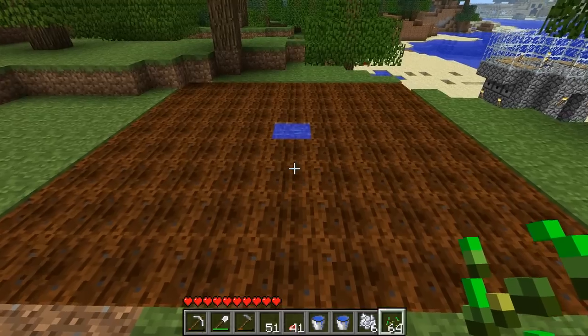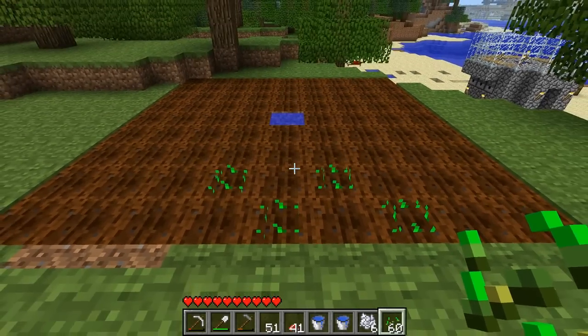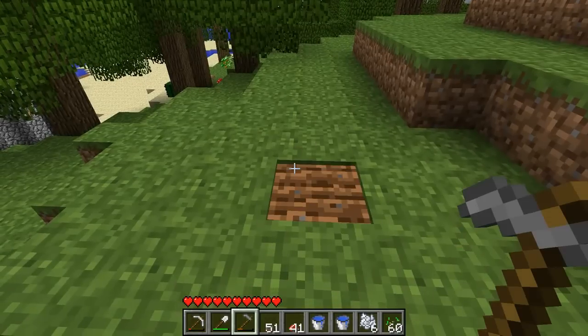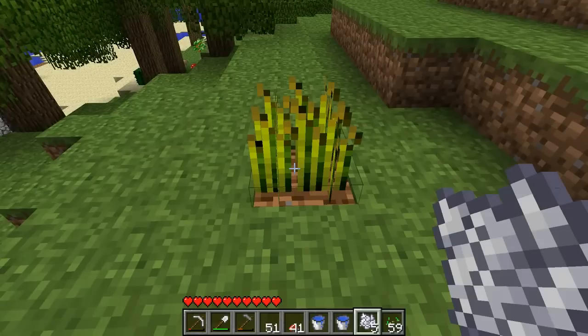Having watered soil is required to grow wheat normally, but it is also possible to grow wheat in dry soil using bone meal instantly.